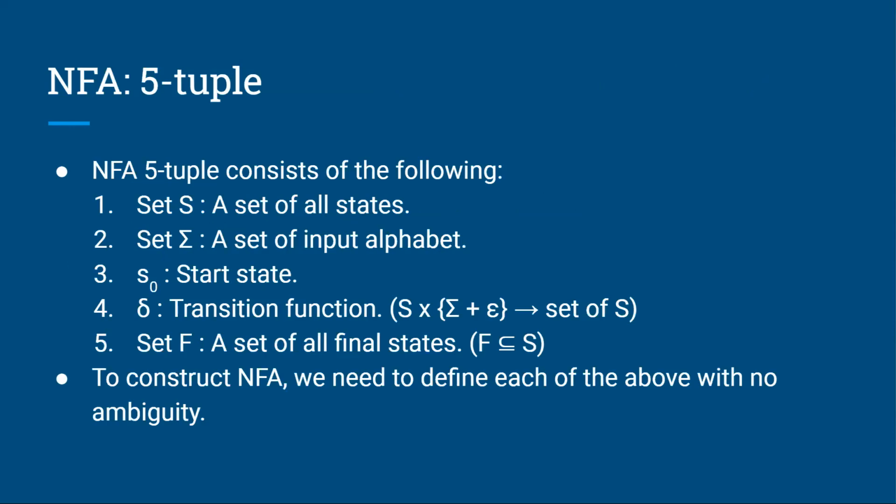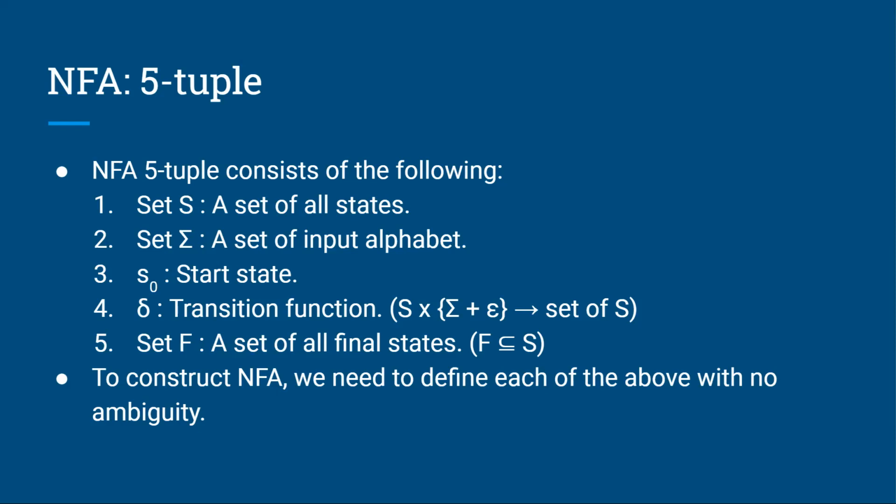Okay, coming to the five-tuple. If we want to learn about NFA, we have to have a certain set of rules, and the five-tuple consists of everything summarized into one tuple. In this tuple, you have the first element, a set S, which is the set of all states that we are going to use in the NFA.